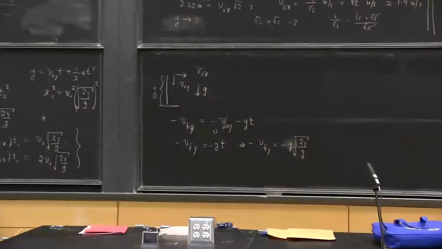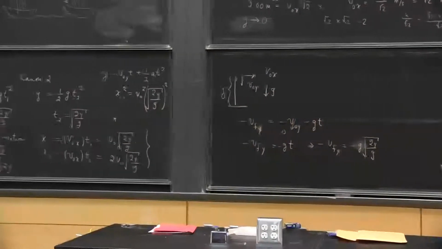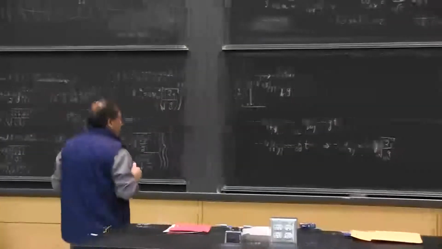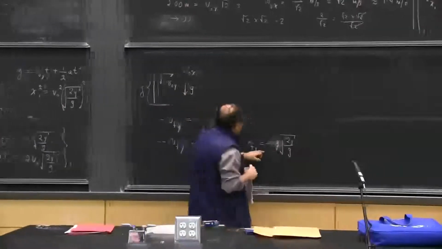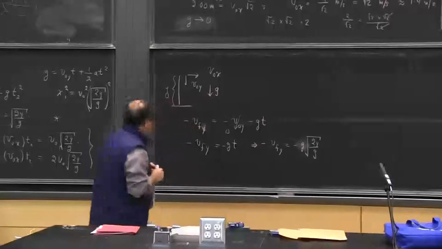Are you guys okay with this? You see what I did? I just killed off the initial velocity along the y direction. Then v final y is just this amount.